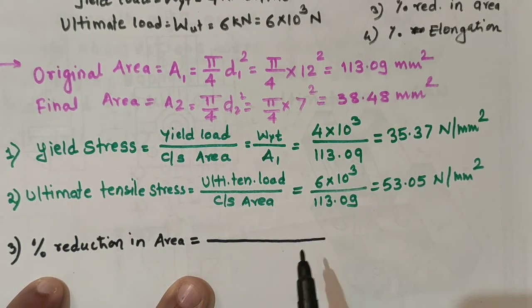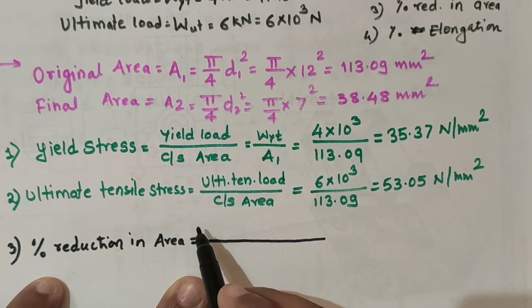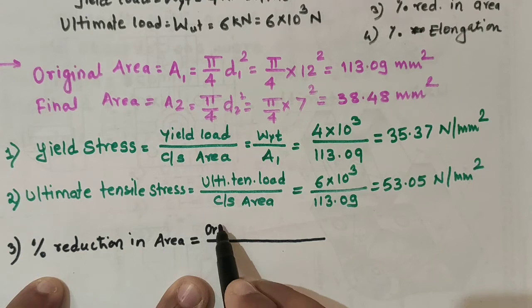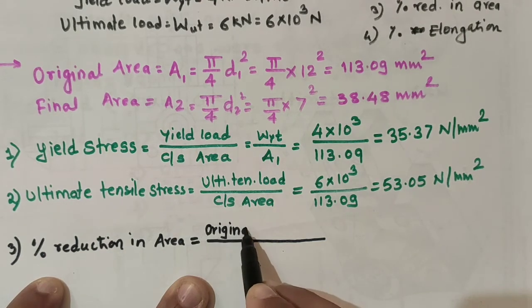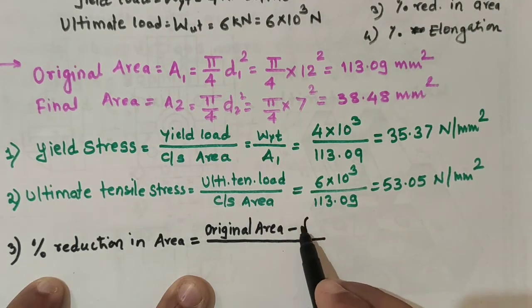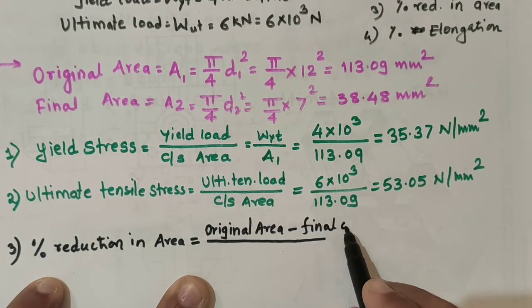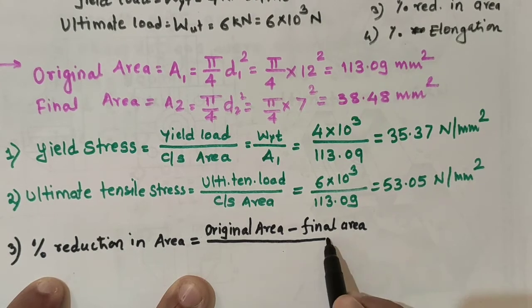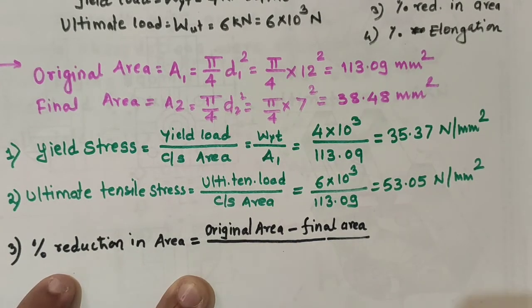So here the original area is more, so original area minus final area, and the reduction is in the original area.